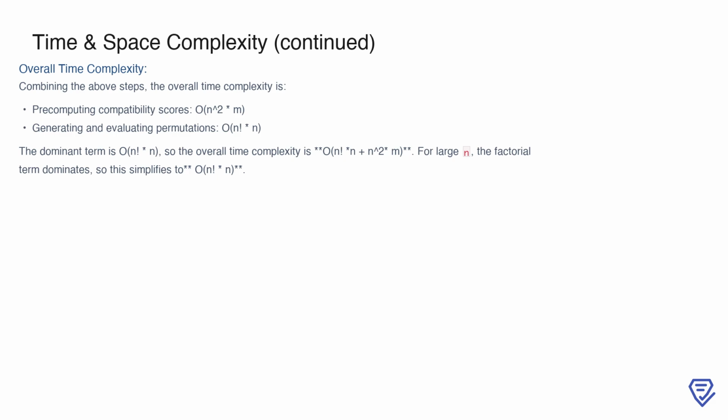Since factorial growth is much faster than the quadratic term, especially for larger values of n, the pre-computing step becomes negligible in comparison. Therefore, the time complexity simplifies to O(n × n!), which dominates the performance for large n. This reflects the computationally intensive nature of the algorithm when the number of students and mentors increases.